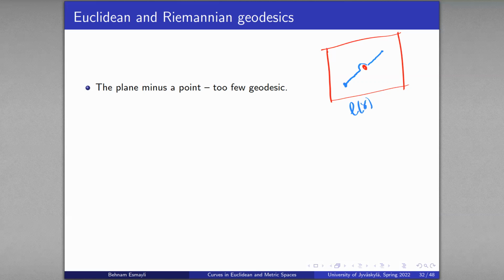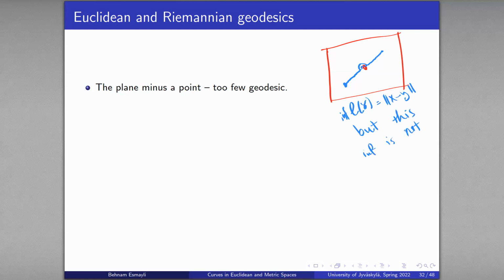And every curve you give me, I can do better by going further inside and then making a tinier loop to avoid that point. So the infimum of the length will be equal to |x minus y|, but this infimum is not a minimum.